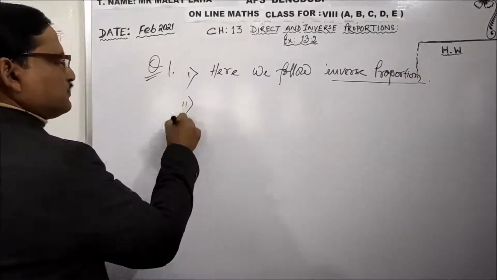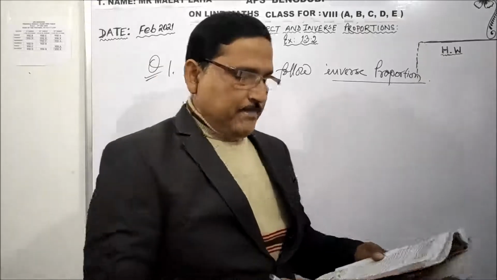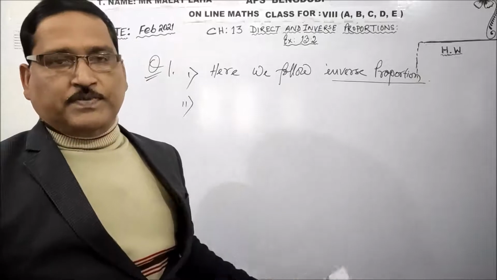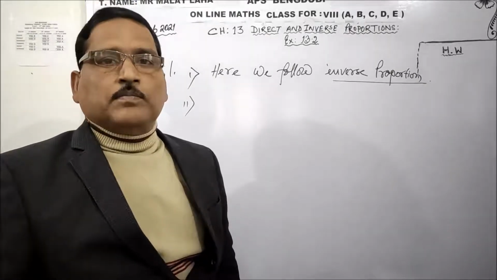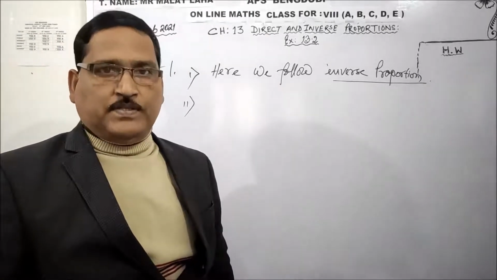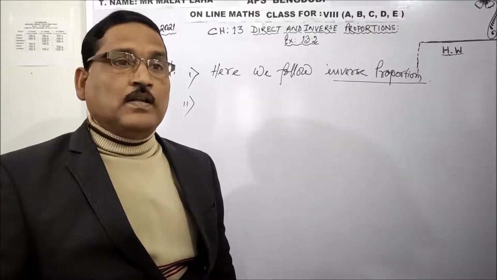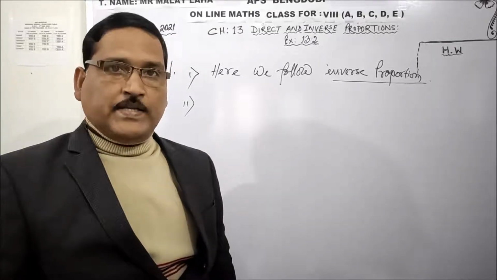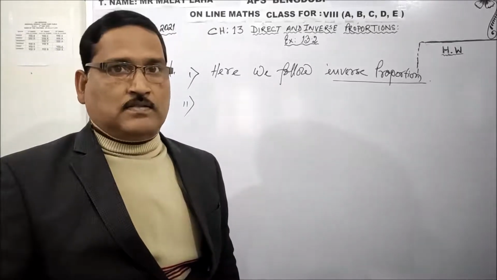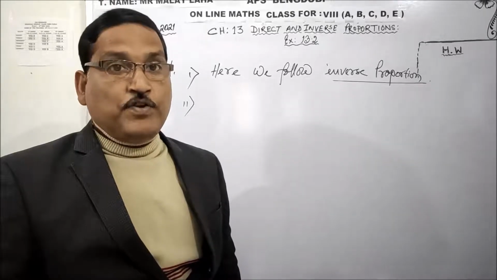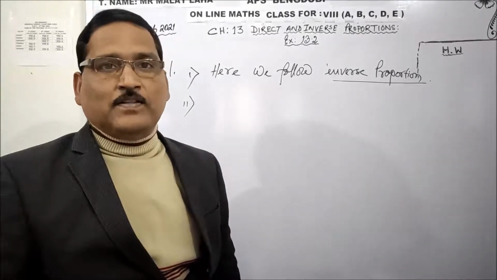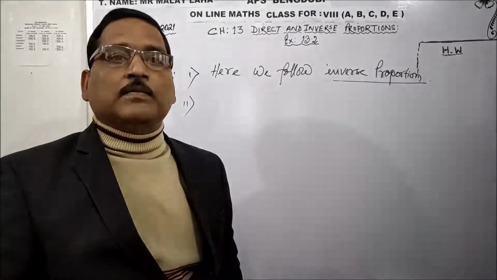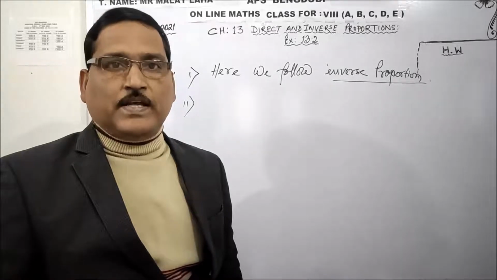Number 2. Time taken for a journey and the distance traveled at uniform speed. You have to go through the meaning of this question: time taken and speed. If time is more, you need less speed. Suppose walking speed and bicycle speed.